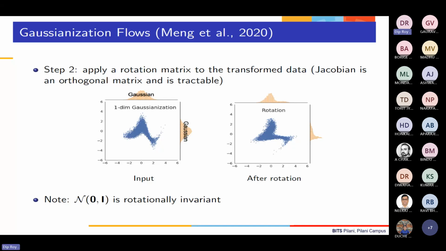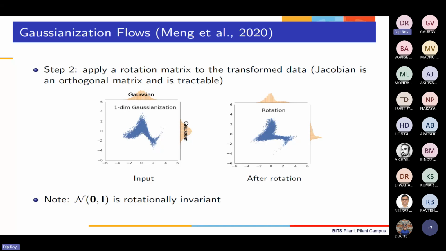PCA took multidimensional data that had variance and transformed it in such a manner that each of the principal components represented one dimension with the highest variability, and it removed the dependency between the variables.